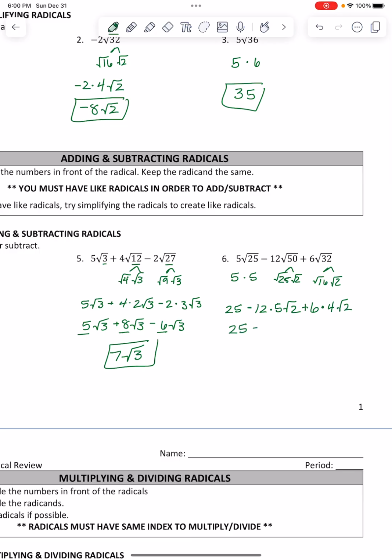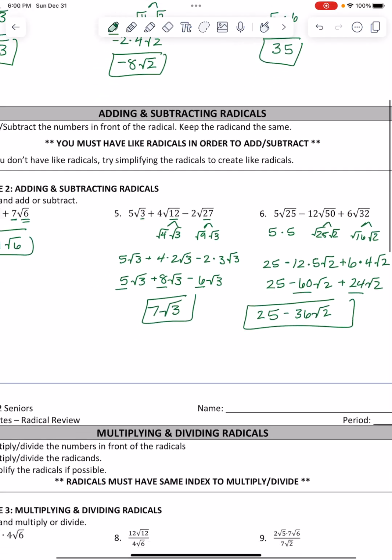So 25 minus 12 times 5 is 60 square root of 2, plus 6 times 4 is 24 square root of 2. So now these two are like radicals. We can combine those so that 25 just stays out front, and that would become minus 36 square root of 2. And that's as much as we can combine. So that's what we're working with there.